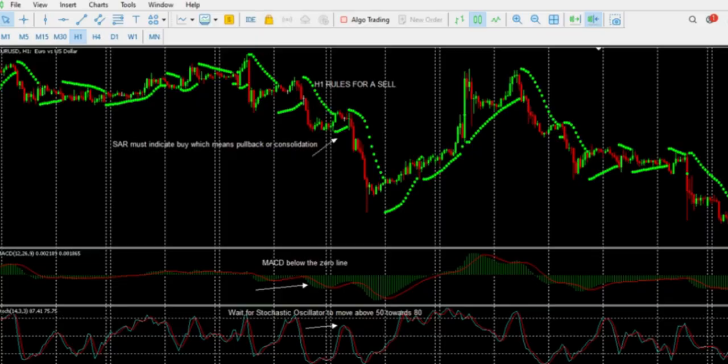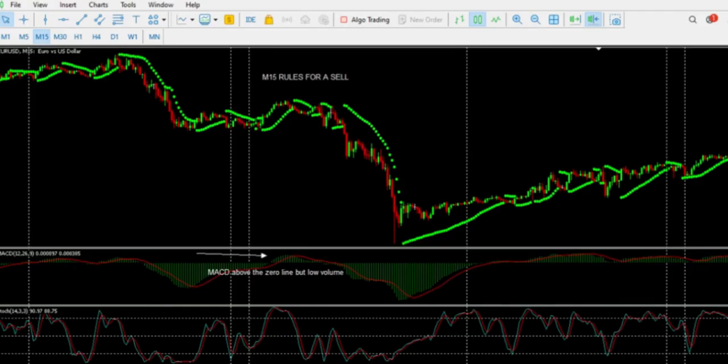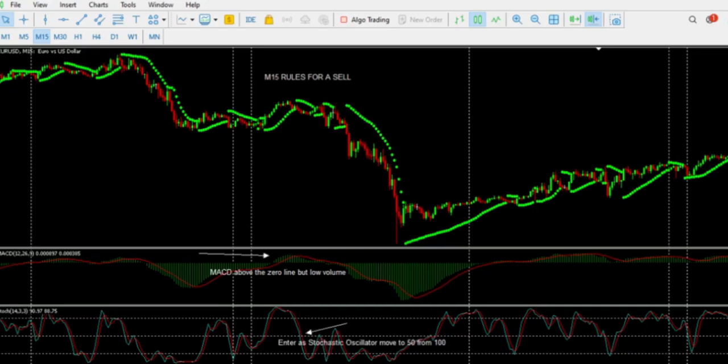Then you move over to the M15 time frame. The M15 time frame is where the MACD is permitted to be in the opposite direction to the H4 time frame and the H1 time frame. The MACD must be above the zero line but showing low volume. Then you enter as the stochastic oscillator moves to the 50 level from level 100, which must coincide with the Parabolic SAR dropping from above price.